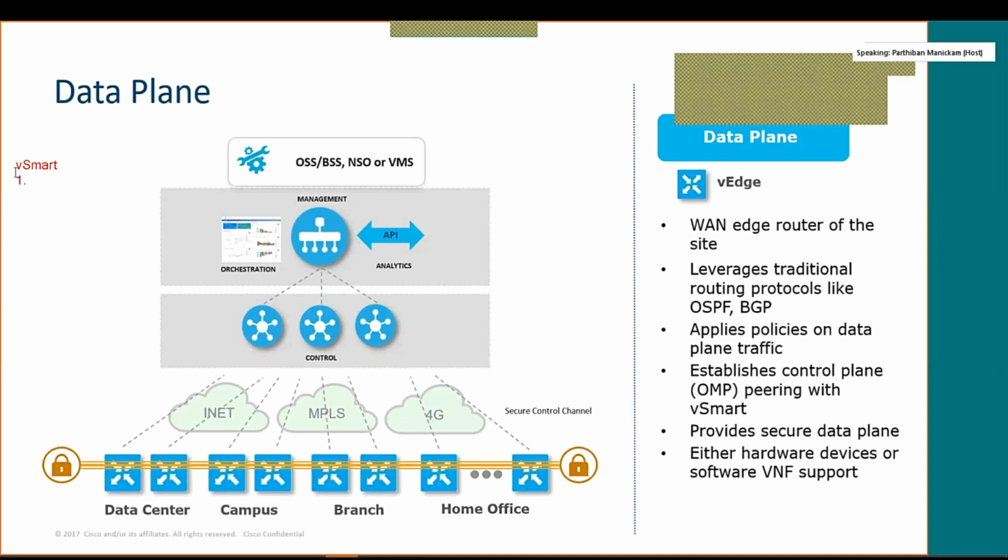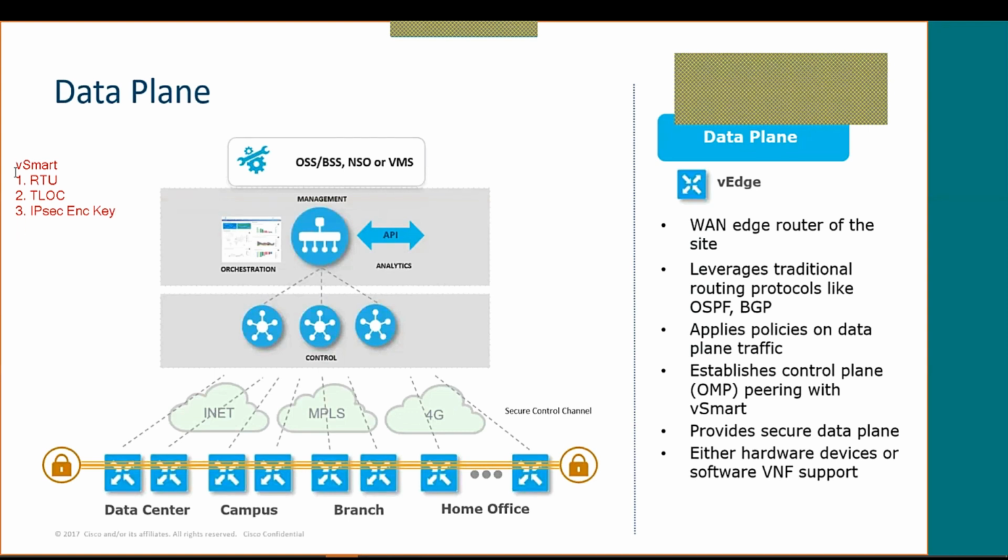So vSmart will have five types of routing table update. Just to add a point, we will talk about this in detail, but at this moment, the first thing is the routing table update, and the second thing is the T-log. Based on the T-log, the VPN tunnel will be established. The third one is the IPsec encryption keys, the keys which will be used for data encryption and decryption.